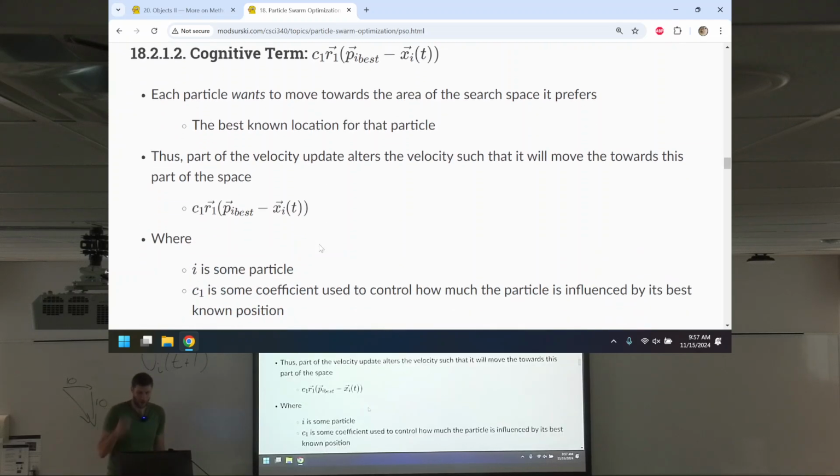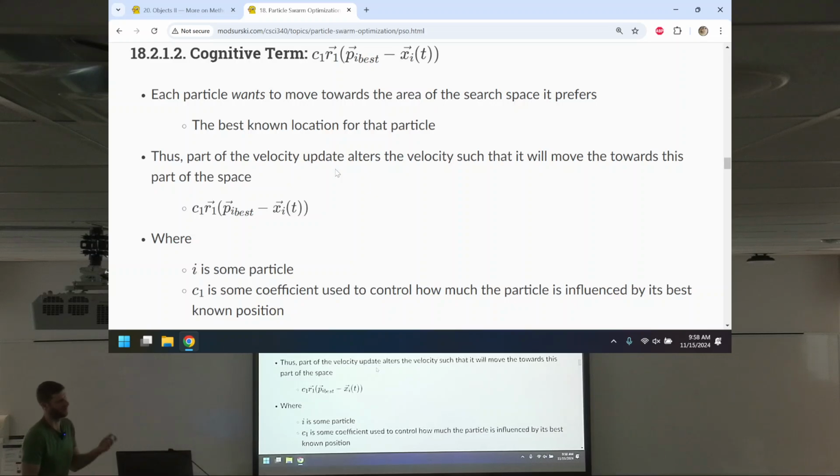Cognitive term. Each particle also wants to move. So this is the velocity update, right? The first part of the velocity update is how much am I resisting change? How much do I want to keep going the way I was going? The next part is how much do I want to go towards the best thing I've seen so far? They call this the cognitive term.